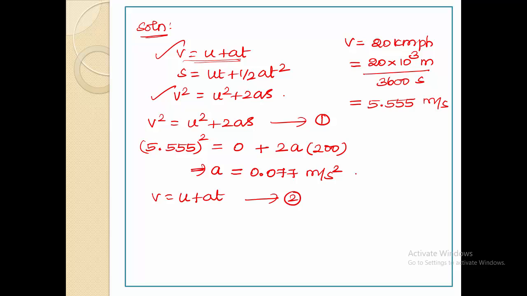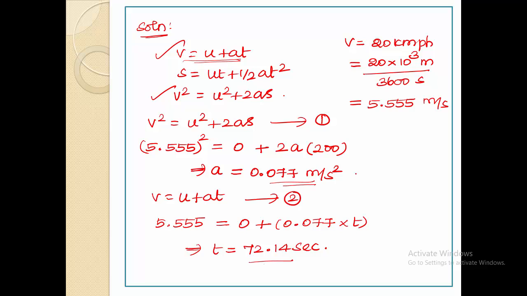Substituting the known values, 5.555 equals 0 plus 0.077 into t. By resolving this, we get the time taken t as 72.14 seconds. So these are the answers for the first part: acceleration is 0.077 meter per second square and the time taken is 72.14 seconds.